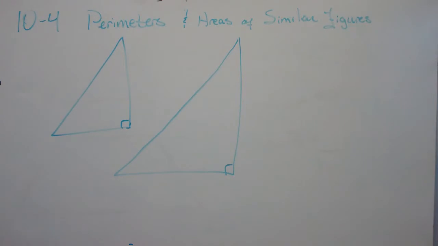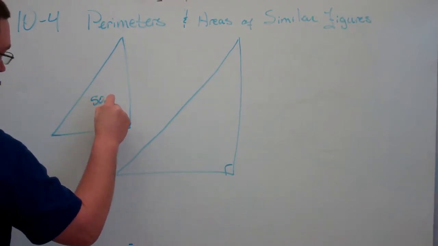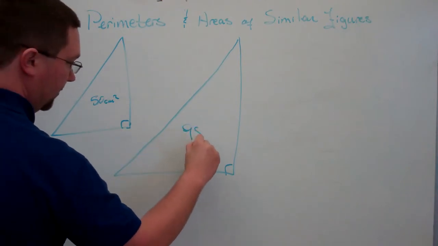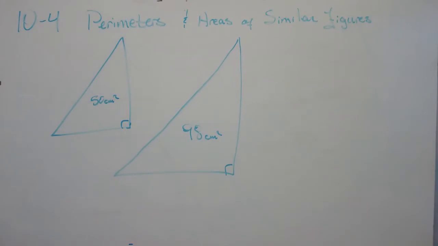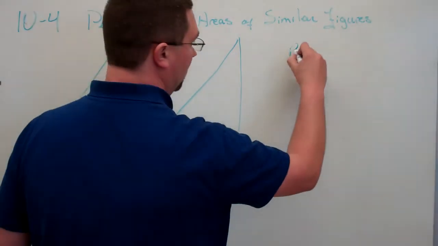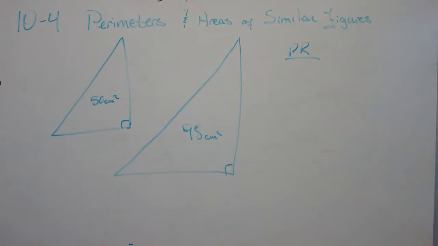We know that the area of this smaller one is 50 centimeters squared. The area of this bigger one is 98 centimeters squared. And I want to find the perimeter ratio. But all I know is the area of this one's 50, the area of this one's 98. And I also know that they are similar.